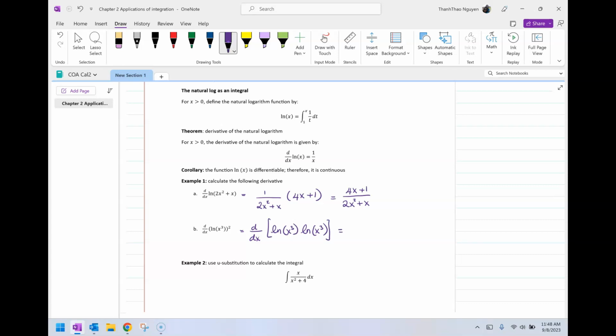So derivative of ln of x to the third, the first one, is 1 over x to the third. Derivative of x to the third is 3x squared times ln of x to the third. That's the derivative of the first part. The second part will be ln of x to the third times 1 over x to the third times 3x squared.